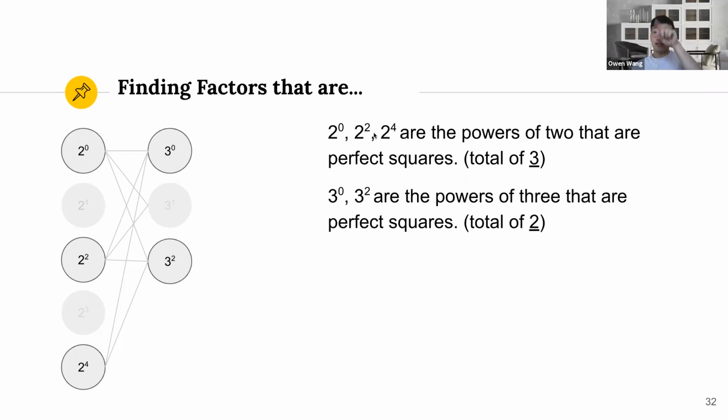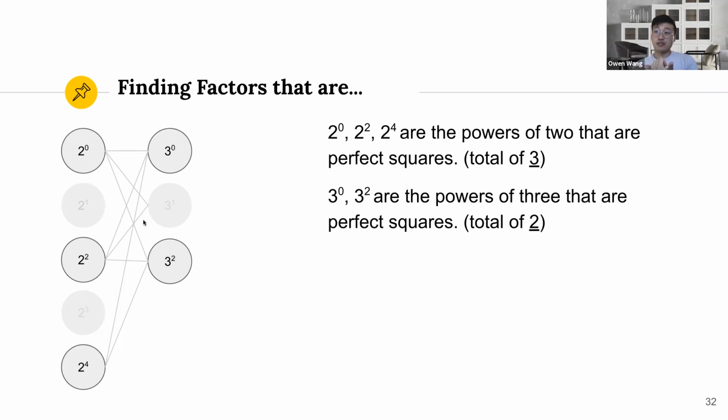When I complete the path, if I pick anything from the 2 column, like 2 squared, and anything from the 3 column, like 3 to the 0 or 3 to the 1, and multiply, you'll notice the exponents are all multiples of 2 because all of my selections were multiples of 2.